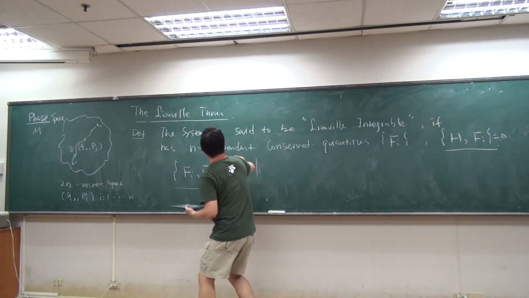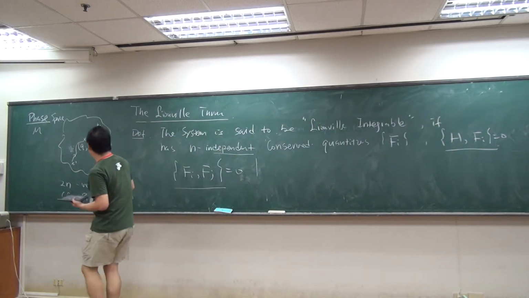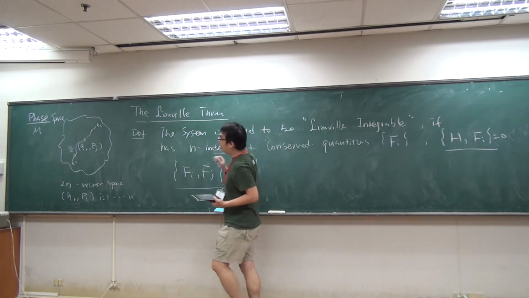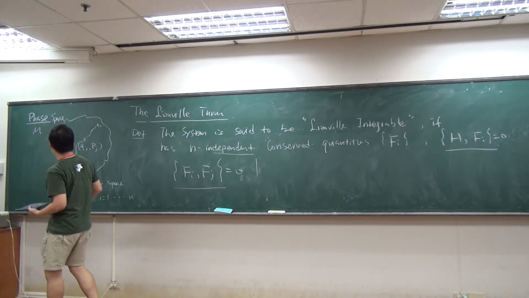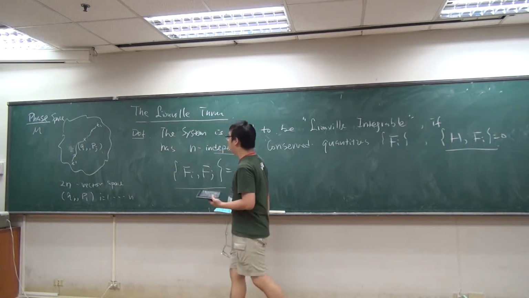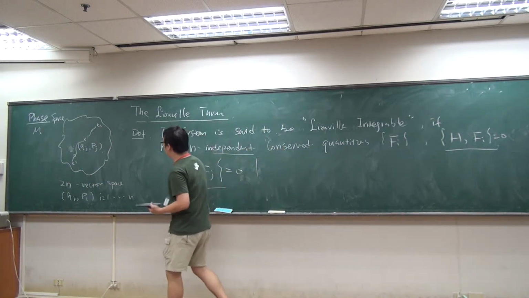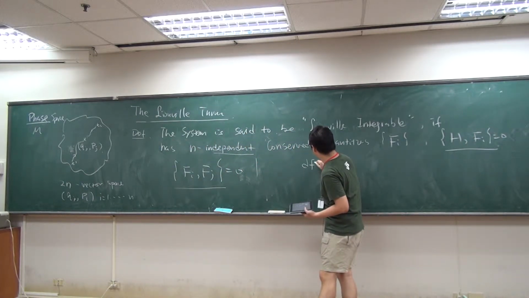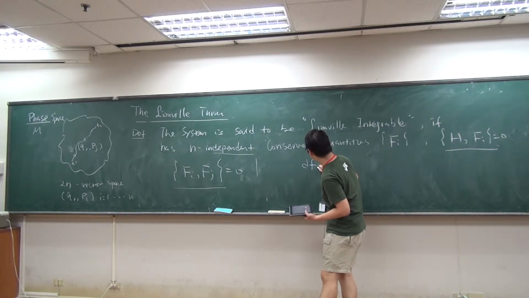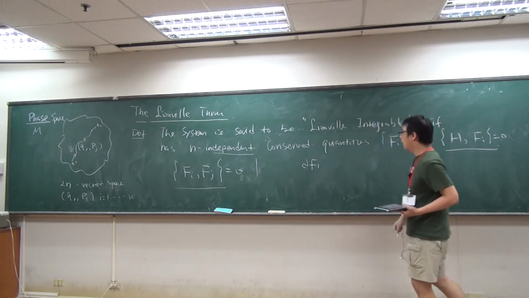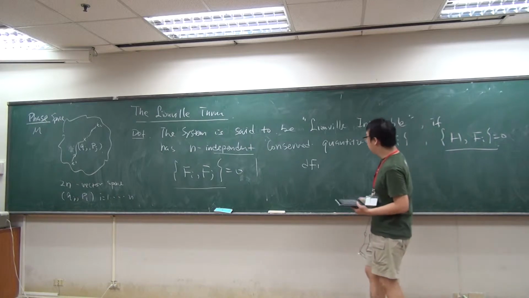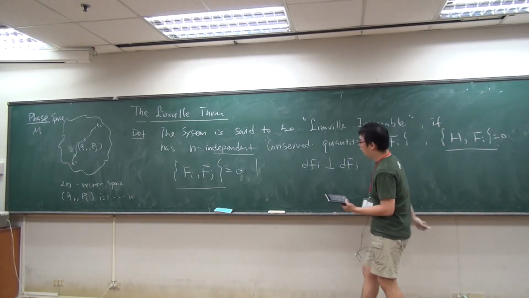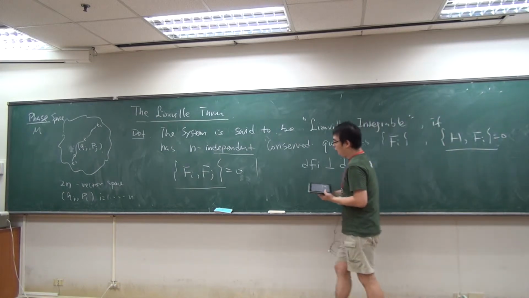So the independence here simply means that the F are really, like I said, dynamical variables in your system, therefore they are functions on the phase space. And the independence means that if you look at the vectors associated with each of the functions, they are orthogonal to each other.